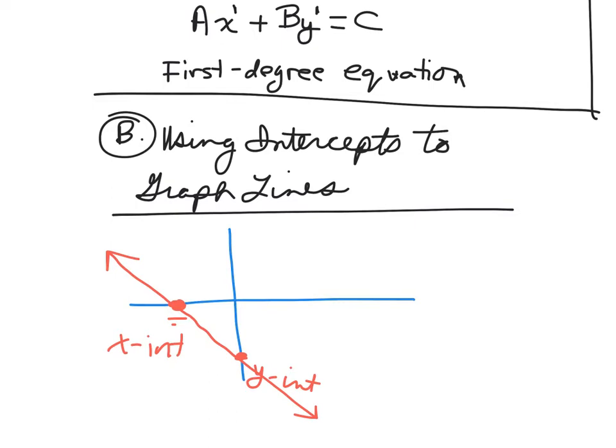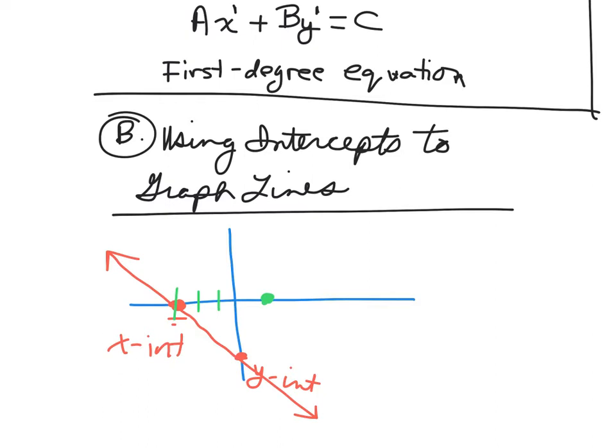So Dustin and Amy, I want to talk to you guys now for a minute. I'm going to put a bunch of points up here on my graph. And what I'm looking for you to tell me is what you think these points would be. For example, you might estimate this point to be at negative 3, 0. 3 to the left, and 0 up and down. So Dustin and Amy, what would you estimate that point to be? 3, 0.